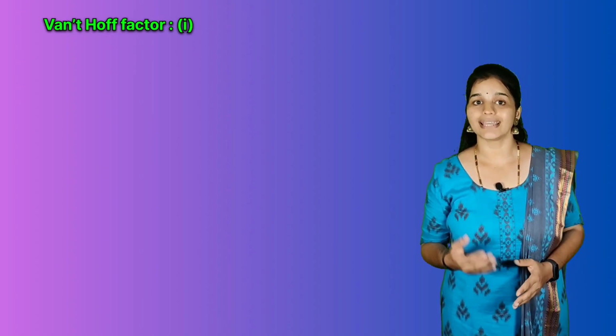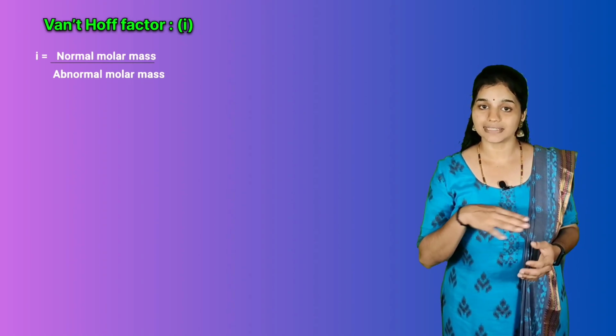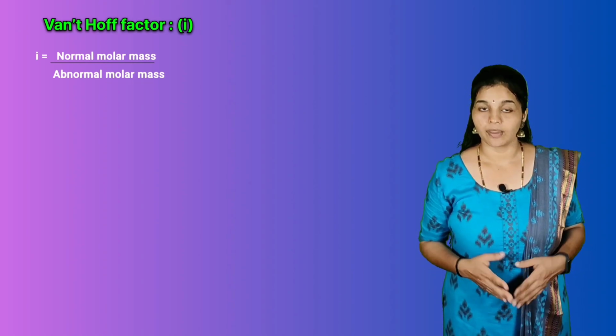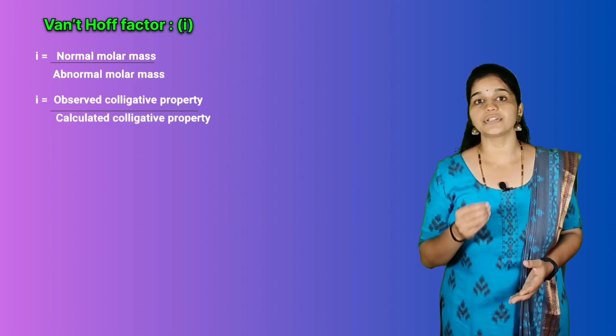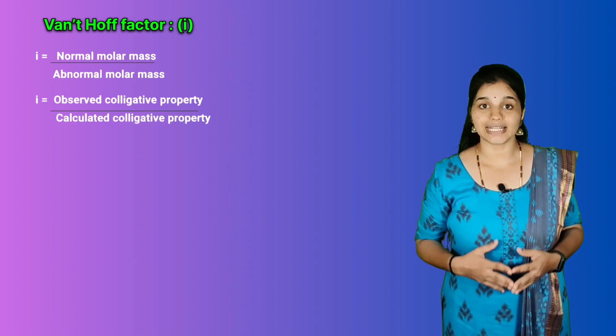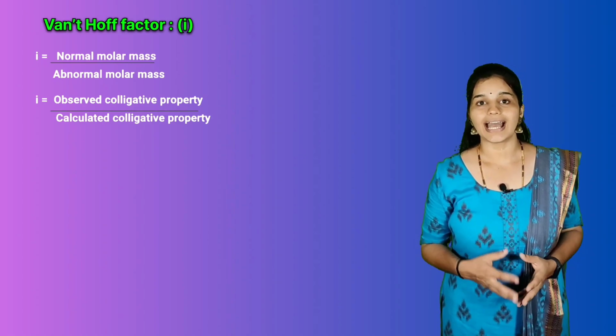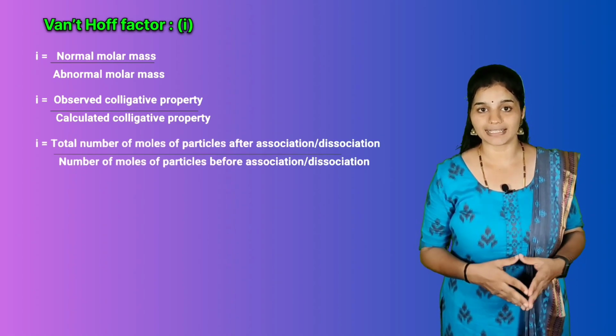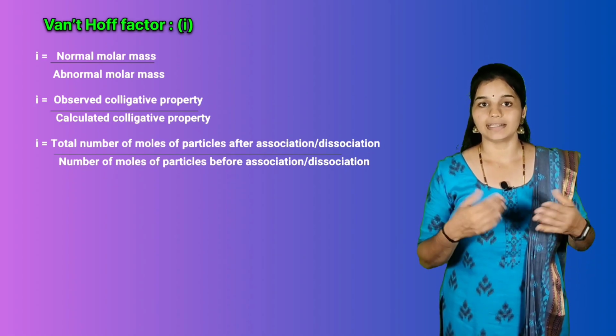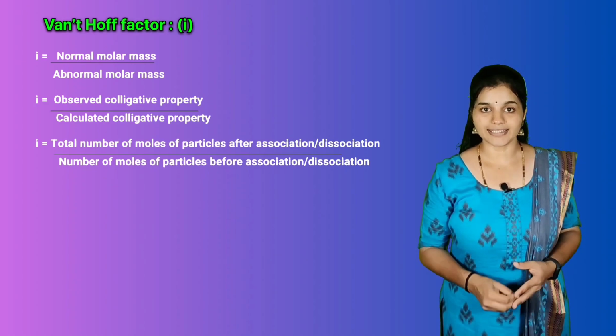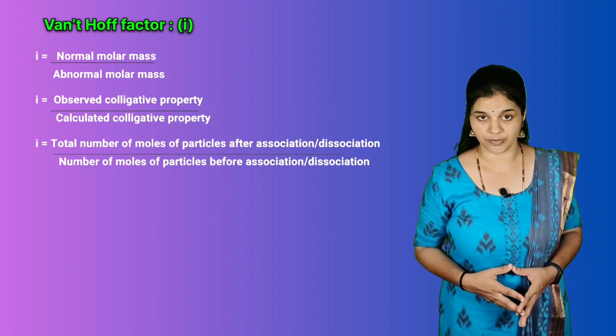Van 't Hoff introduced a factor i, known as Van 't Hoff's factor, to account for the extent of dissociation or association. This factor i is defined as i equals normal molar mass divided by abnormal molar mass, or i equals observed colligative property divided by calculated colligative property, or i equals total number of moles of particles after association or dissociation divided by the number of moles of particles before association or dissociation.